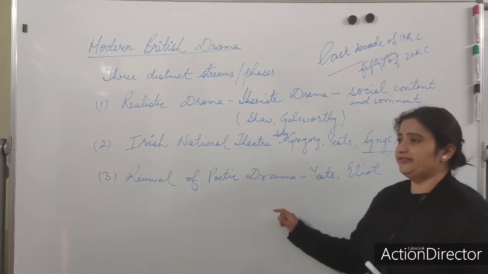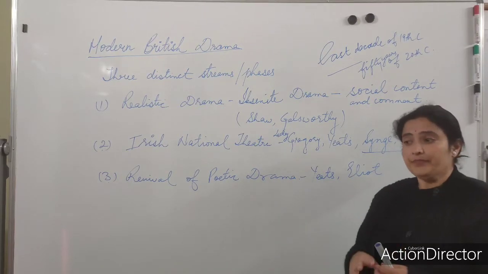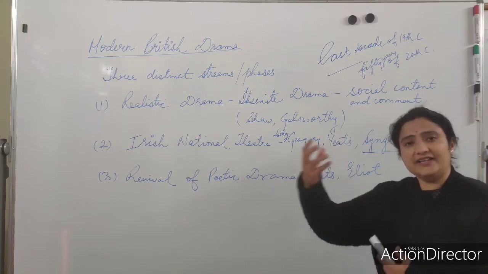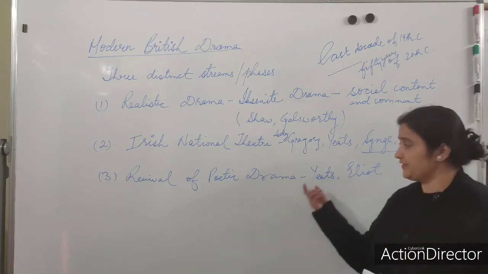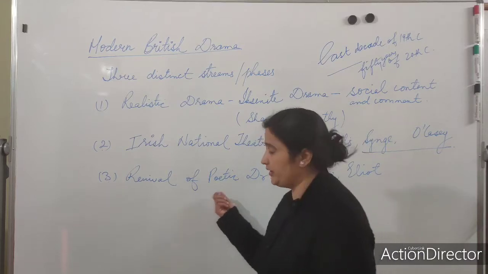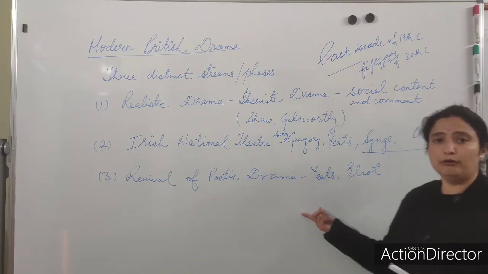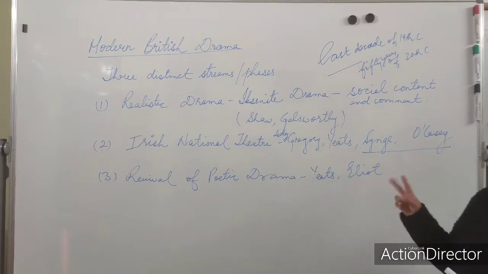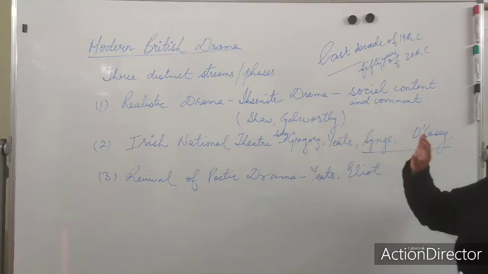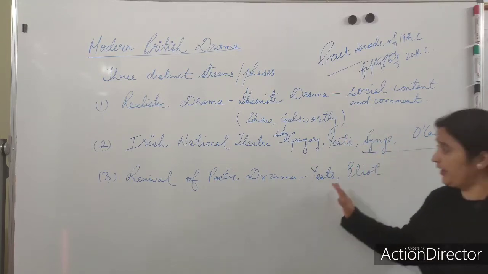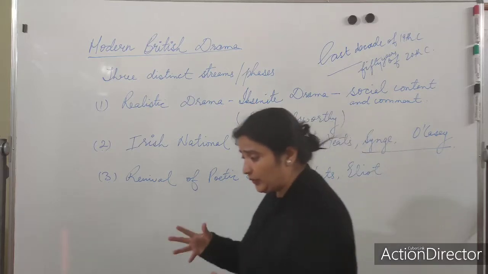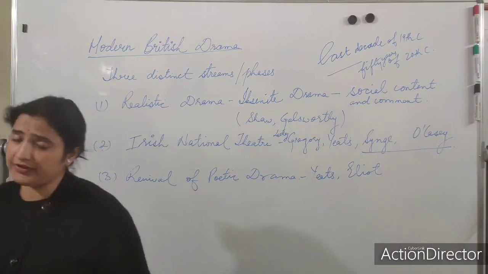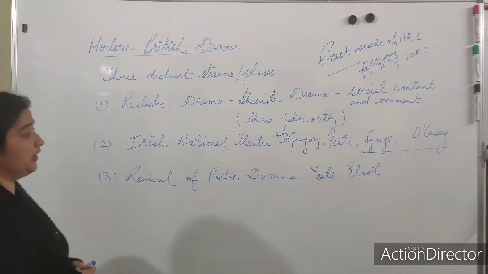And why was it a revival? Because after Shakespeare, no drama of that kind was produced, right? That is why they are saying over here that it was revival of poetic drama. Clear? So these are three distinct streams that you have to keep in mind while we are reading the texts that are in our course.